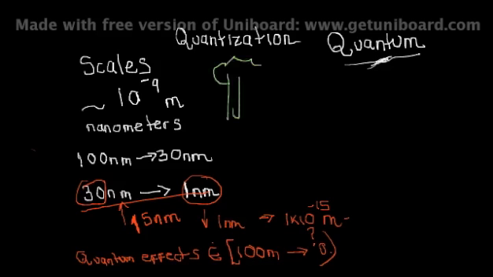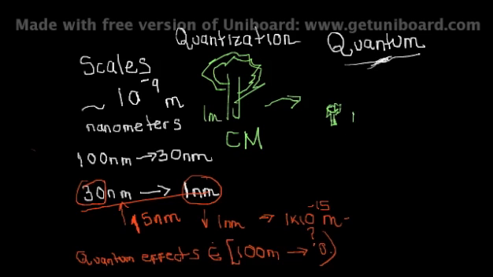This is in classical mechanics. But now when we have the quantization, or when we reduce this tree, let's consider that a quantum tree. This is in 1 meter. Let's consider this 1 nanometer or 10 nanometers, for example.